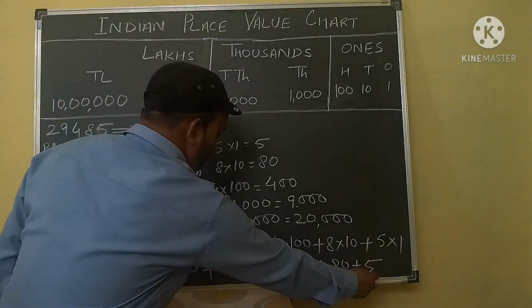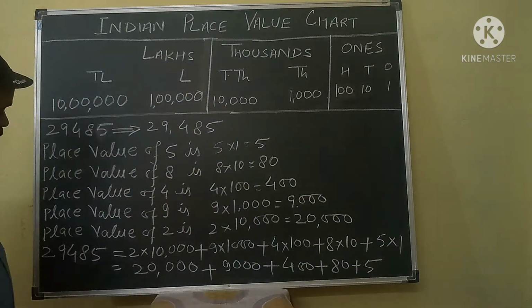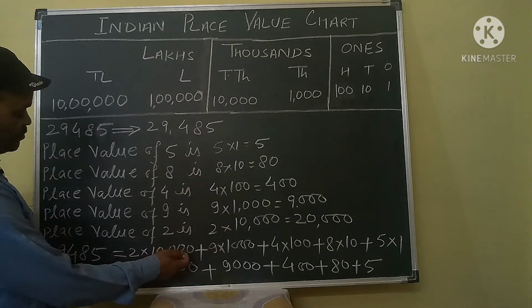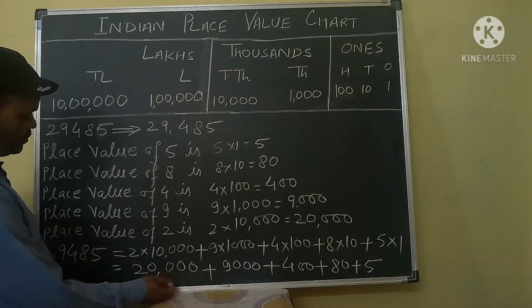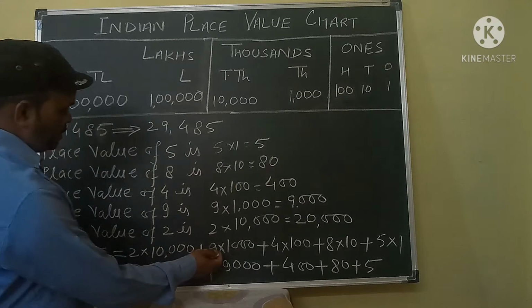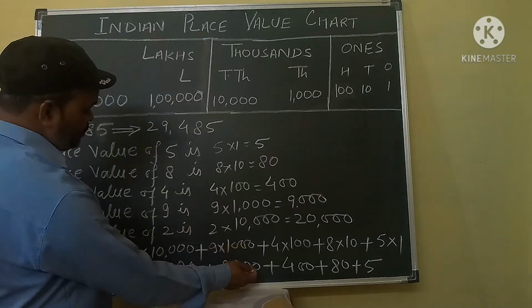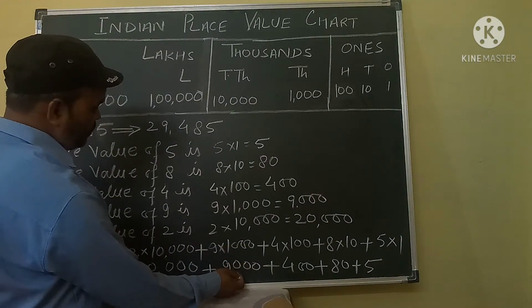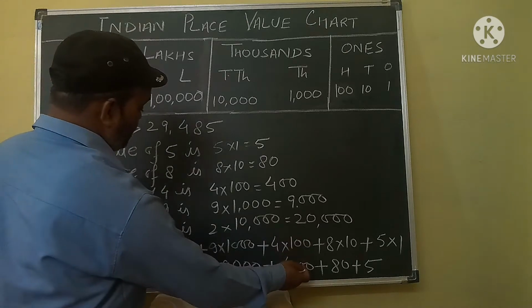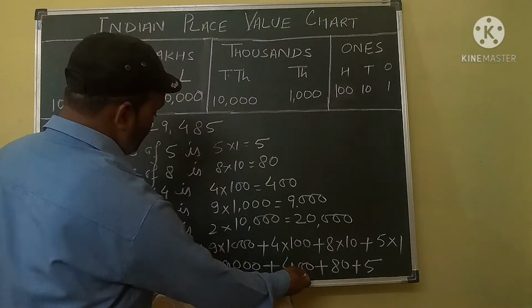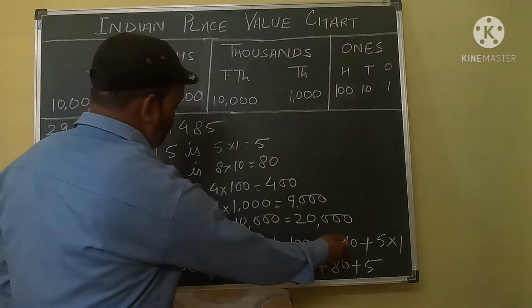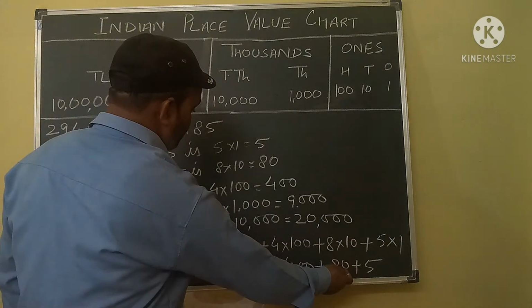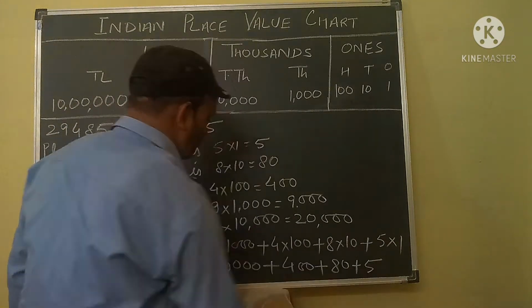So 5 ones are 5. Now 2 into 10,000 will give you 20,000, 9 into 1000 will give you 9,000, 4 into 100 will give you 400, 8 into 10 will give you 80, and 5 ones are 5.